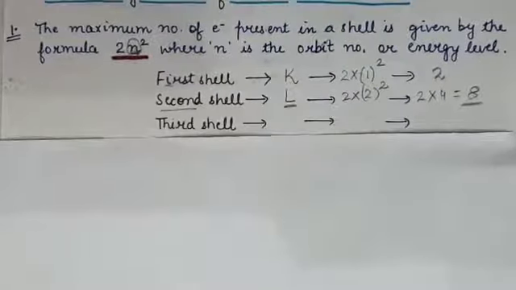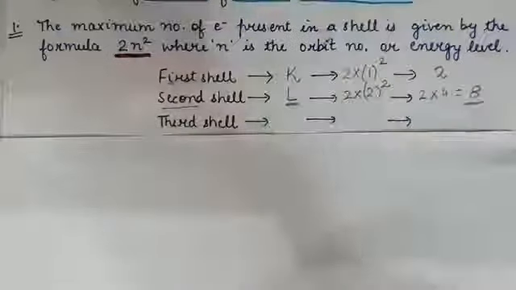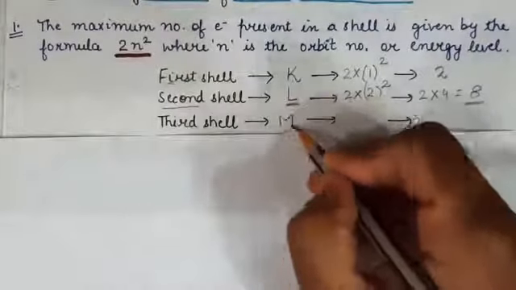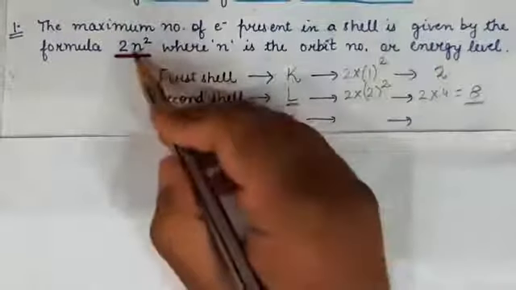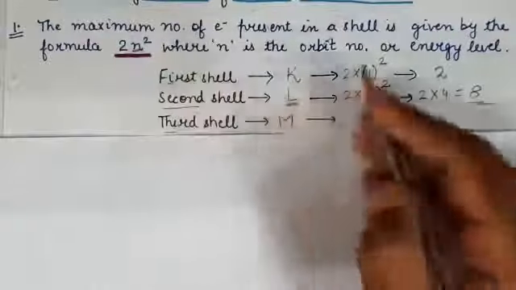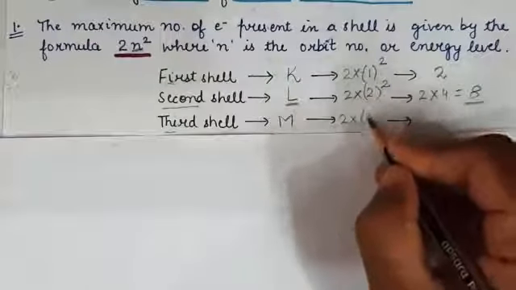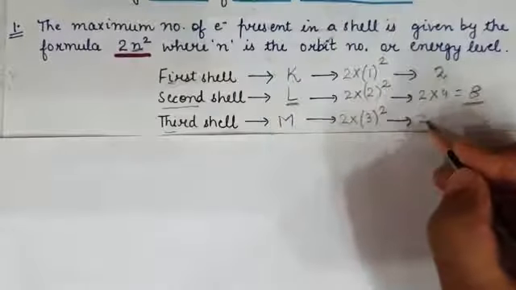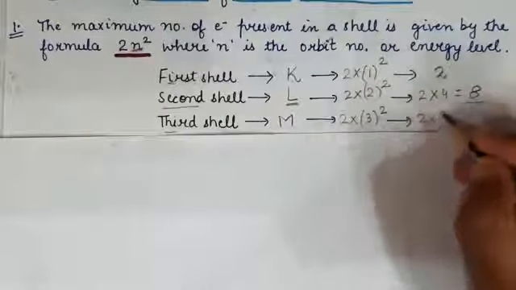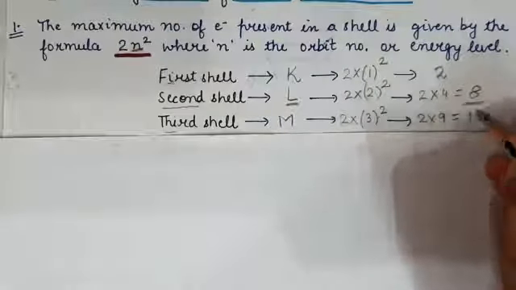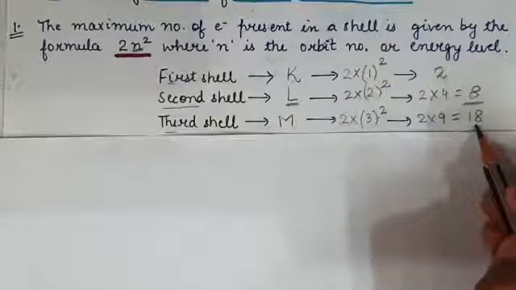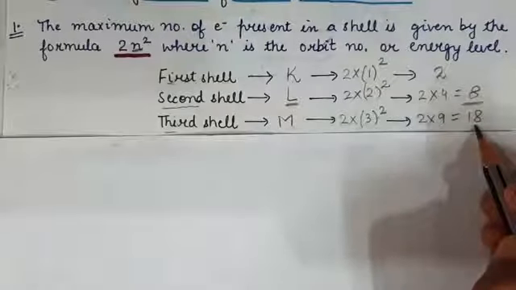Coming to the third shell, M. What is n here? It is 3. So 2 into 3 square. 3 3s are 9, so 2 9s are 18. In the third shell, a maximum of 18 electrons can be present.